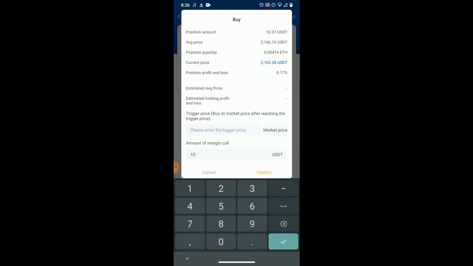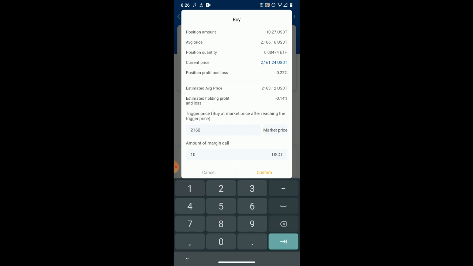Oh, we have to enter the trigger price before it works there. What is the present price? Average price. Current price 2160. Average price 2166. 2160. You confirm. So that is how to add money.